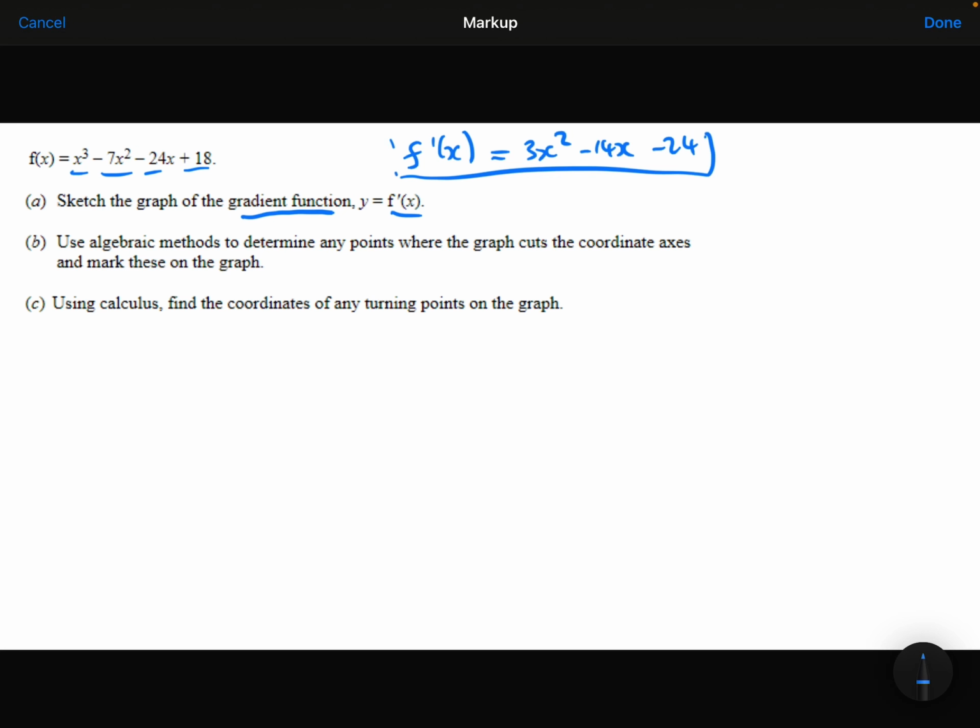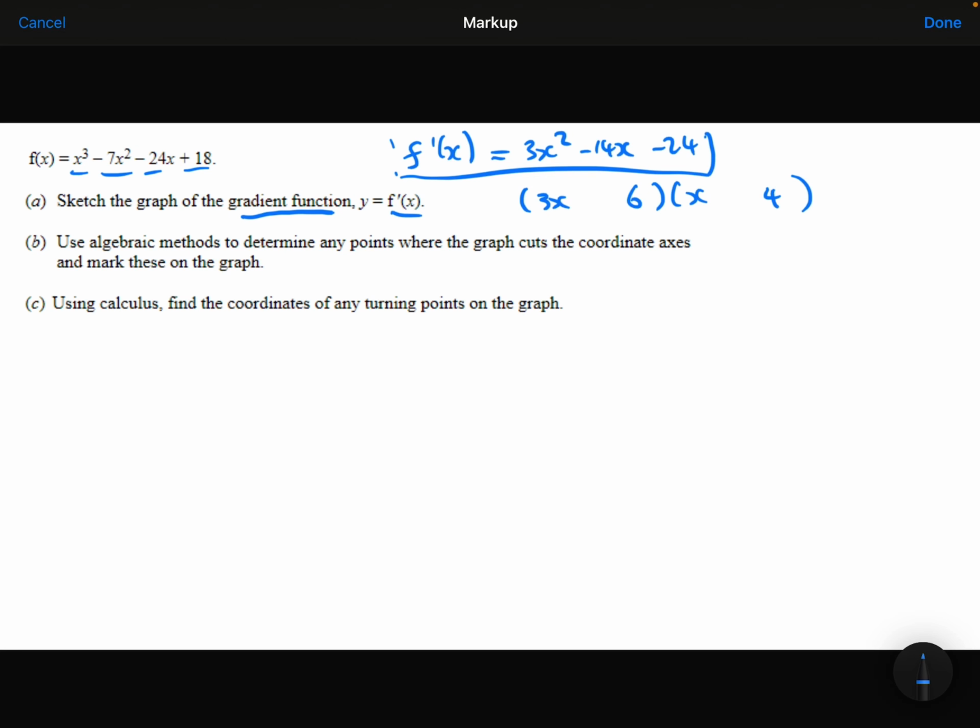To do that, I would like to know what the roots are, so I'm going to factorize this. It's going to have to be a 3x and an x to get the 3x squared. I'm thinking about a 6 and a 4 to get the 24 maybe.